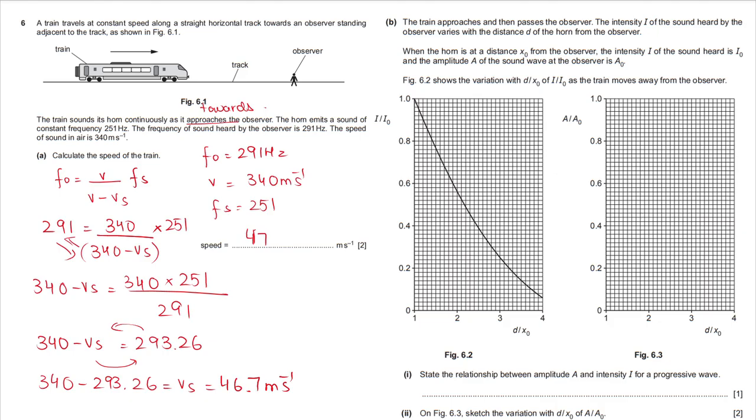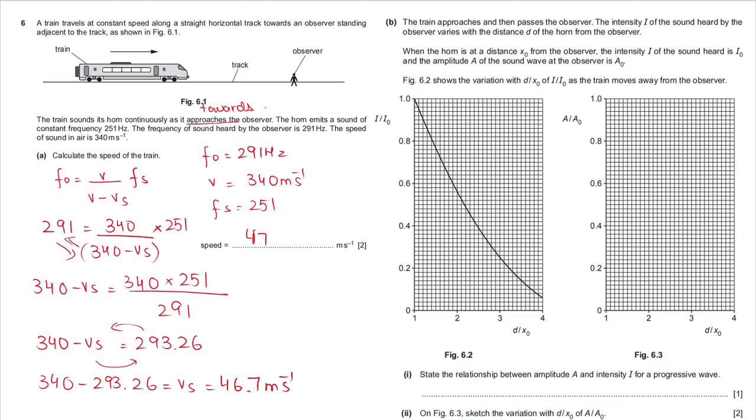Now the train approaches and then passes the observer. The intensity of the sound heard by the observer varies with the distance d of the horn from the observer.